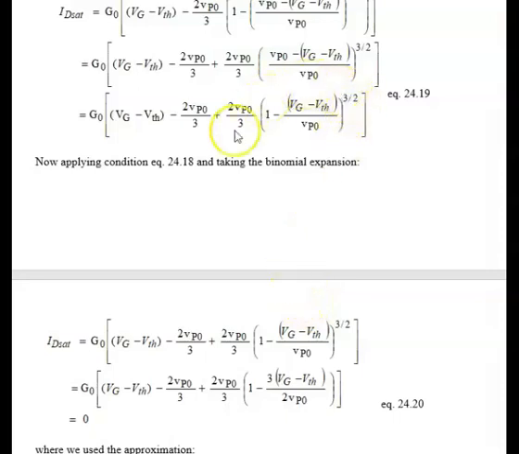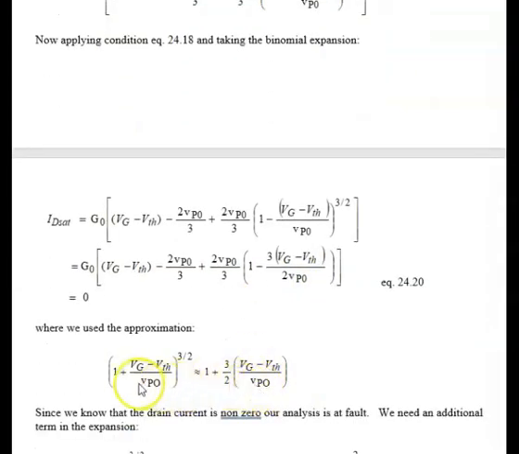We bring down the 3 halves, 1 minus all of this gunk multiplied by 3 halves. So that's what we have here. This is the binomial expansion right here. So we use that here to replace all of this with this, just using this approximation.